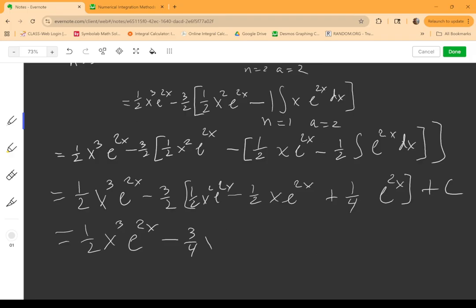So 3/4 x squared e to the 2x plus 3/4 x e to the 2x minus, opposite sides, it's minus 3/2 times 1/4, minus 3/8 e to the 2x plus c. All right, and that's the iteration of the power reducing formula until we're able to have a basic integral of my exponential function.